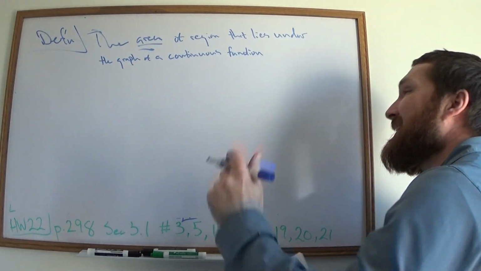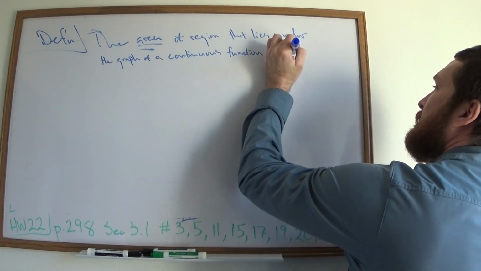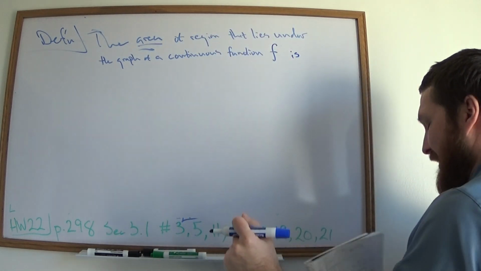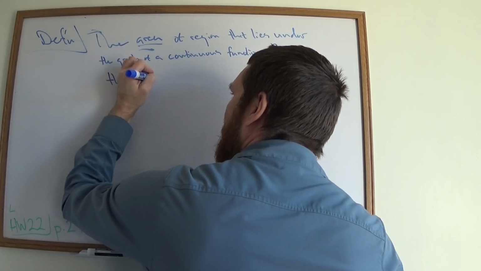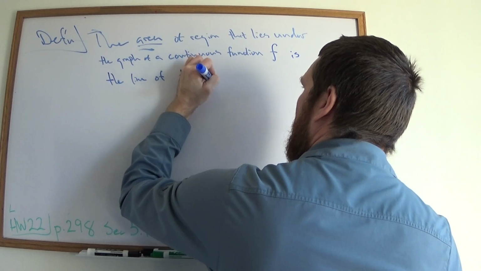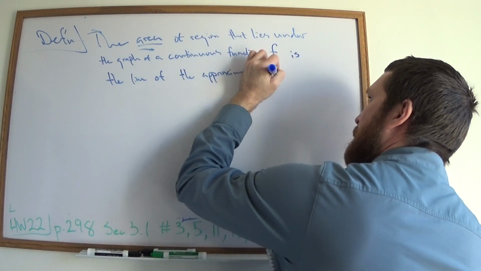So under the graph of a continuous function f, we're defining the area to be the limit of the approximating rectangles.